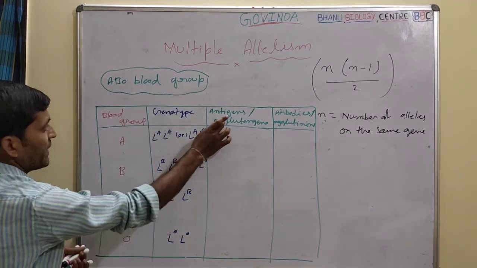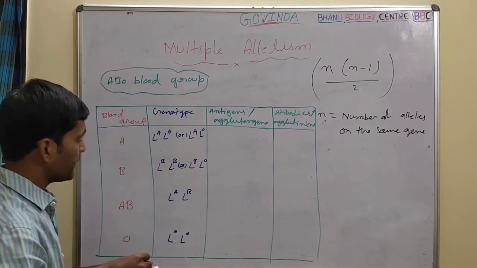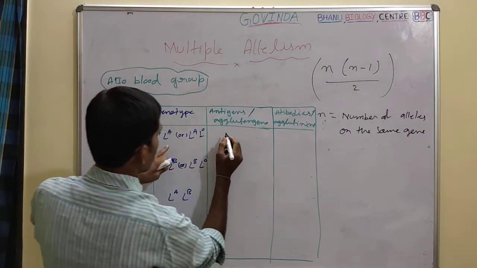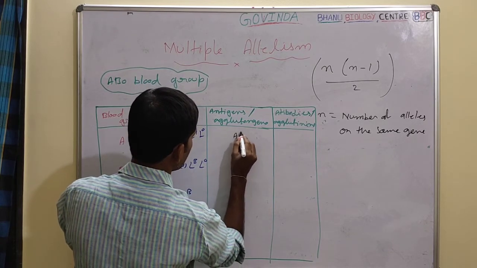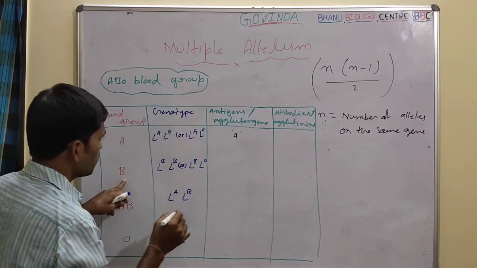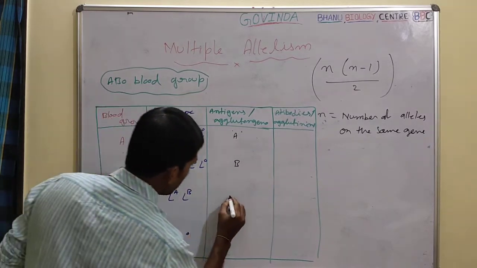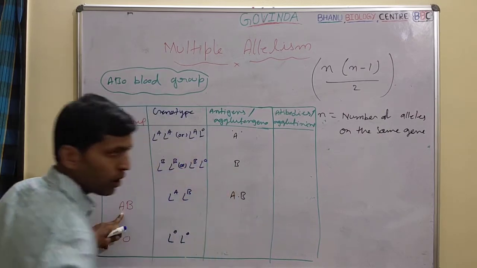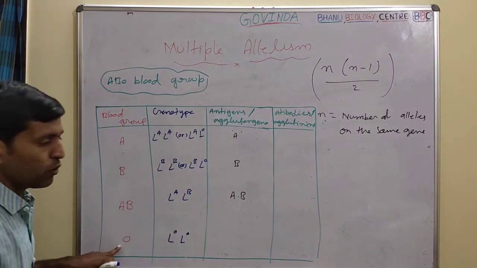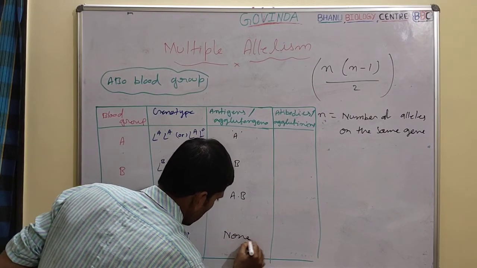What antigens are present on the RBC of blood group A? Antigen A is present. In blood group B, antigen B is present. In AB, both antigen A and antigen B are present. In case of O blood group, antigens are not there, none.